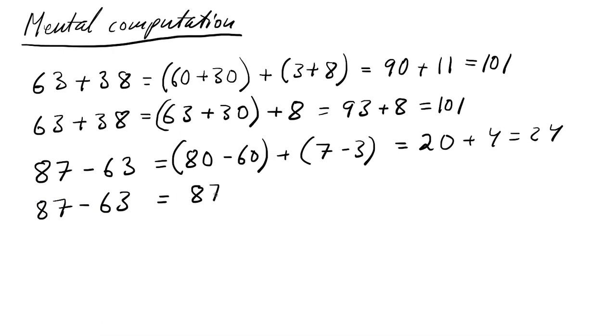So that's 87, keeping the first intact, subtracting the tenths of the second number, and then subtracting the ones of the second number. So this is 27 minus 3, 24. Okay, so these are quite straightforward, but they're commonly used.